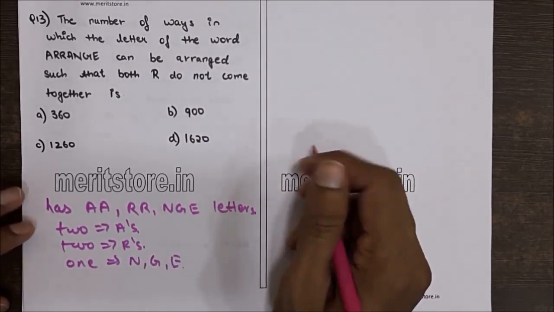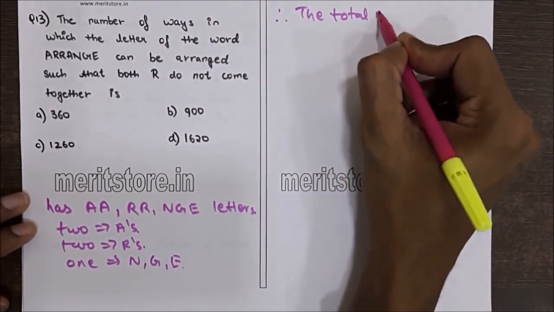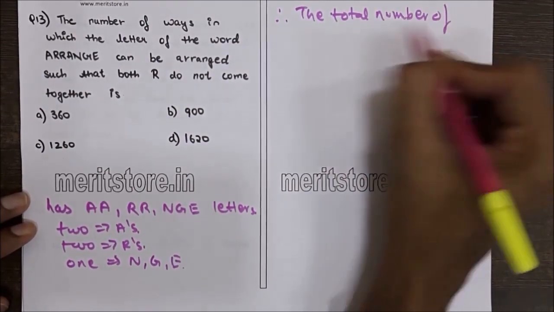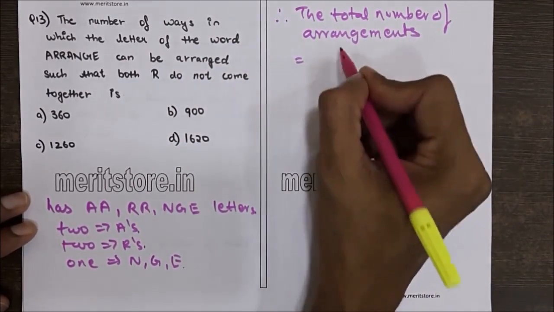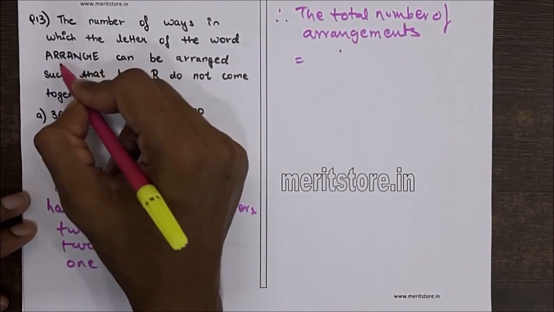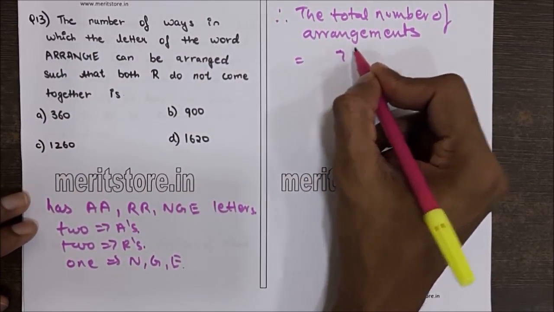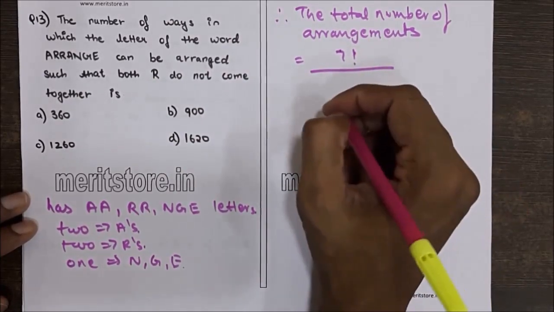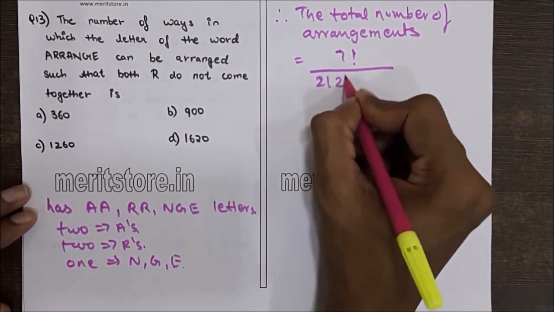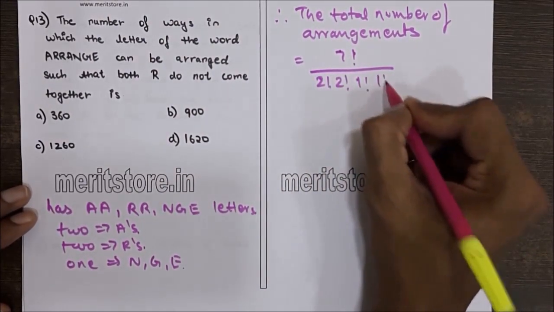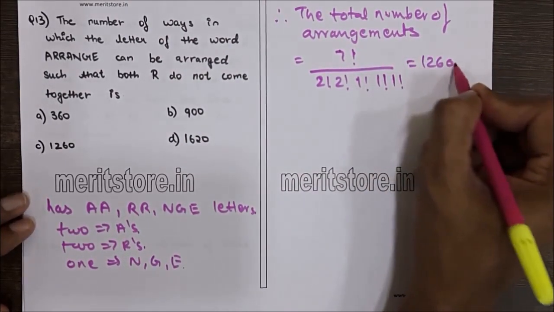So the total number of arrangements can be given as the total number of letters, that is 7 factorial upon 2 factorial, 2 factorial, 1 factorial, 1 factorial, and 1 factorial, which is equal to 1260.